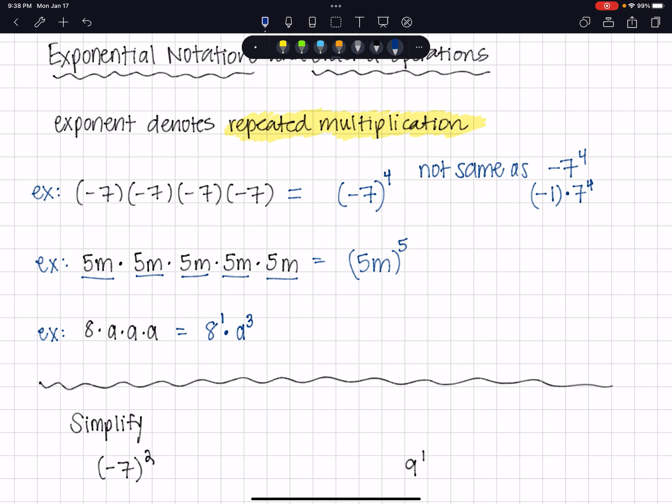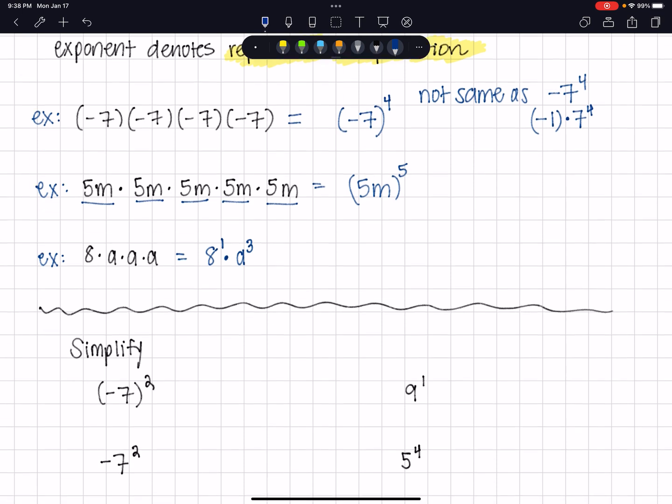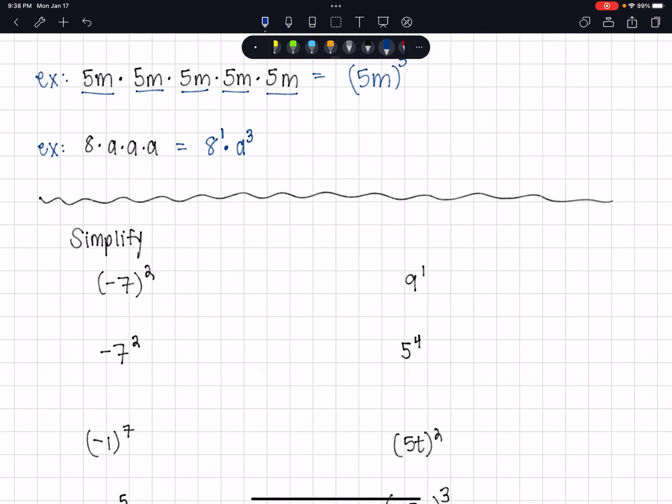So now let's simplify some values. (-7) squared is equal to -7 times -7, and a negative times a negative is a positive. 7 times 7 is 49.